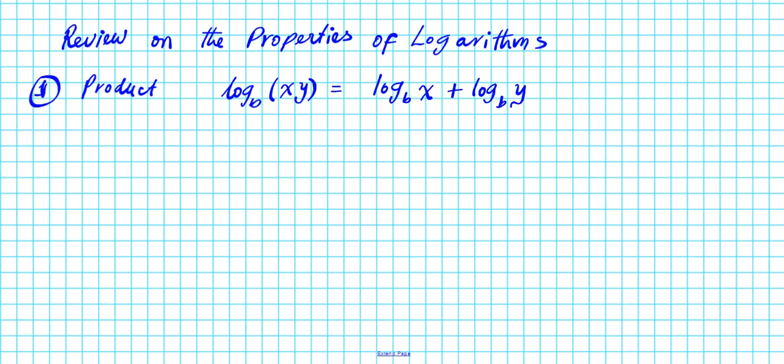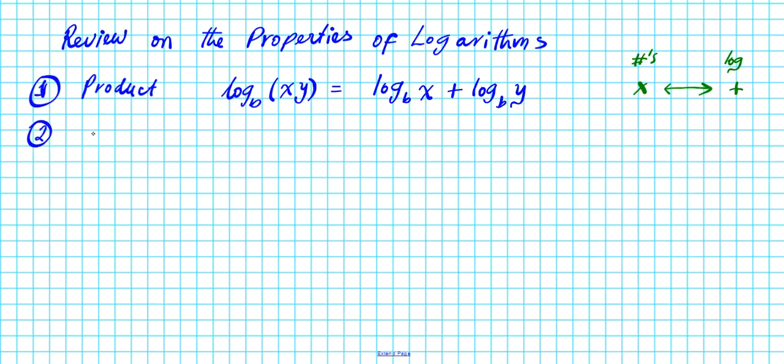So the bottom line is if you're taking the log of a product, it's equivalent to writing it as the sum of the log of the factors that are being multiplied by each other. Multiplication is equivalent to addition. That's what you want to keep in mind.